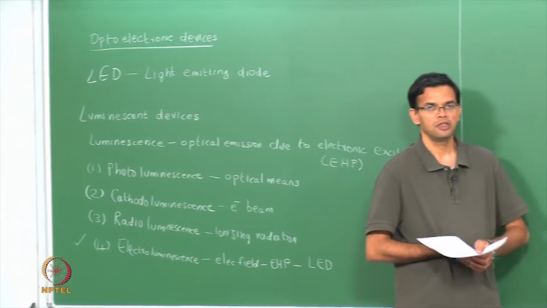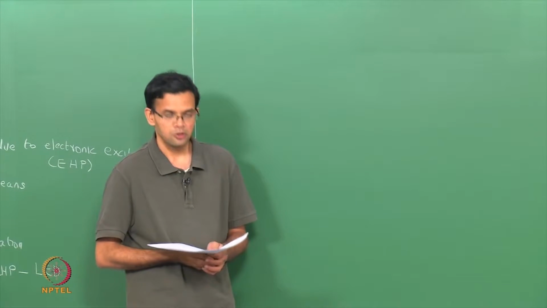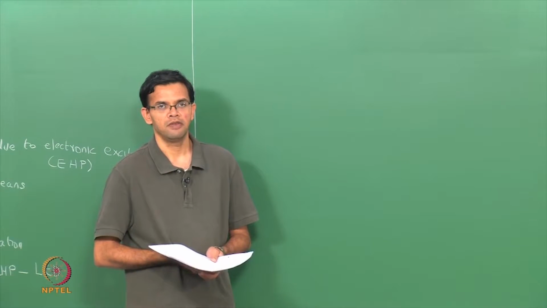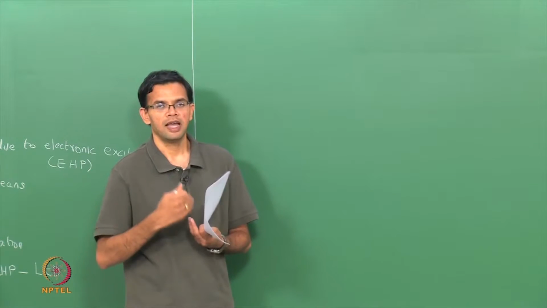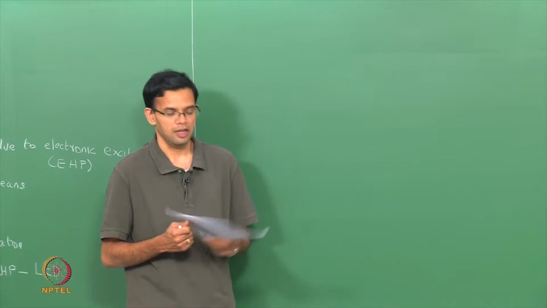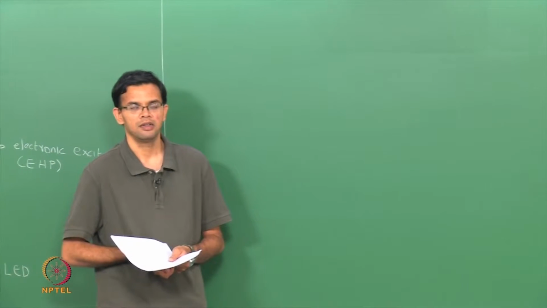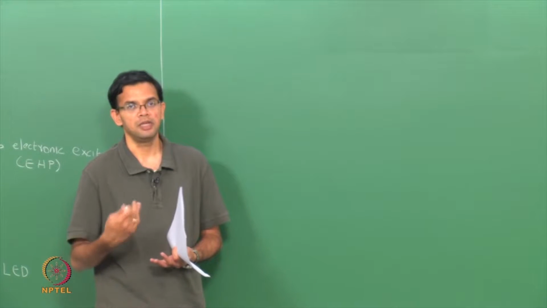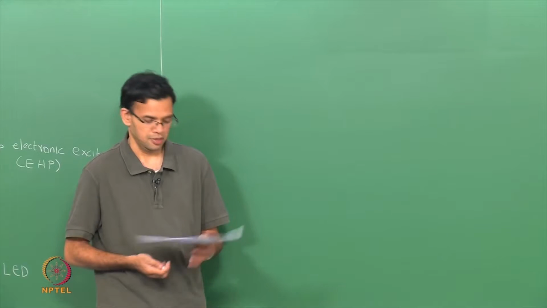If you have a p-n junction, we typically inject the minority carriers. These carriers can then recombine, and we saw that depending upon the type of semiconductor, the recombination can either be dominated by photons or it can be dominated by heat.